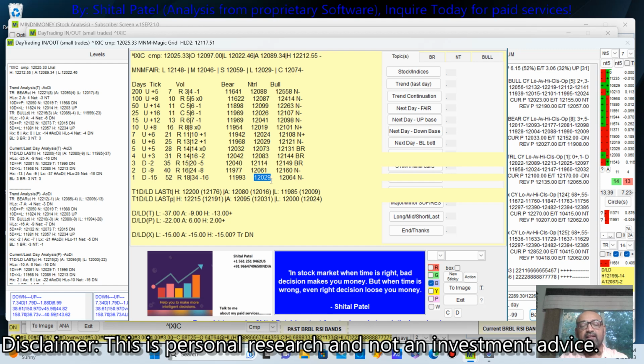That fair value is 12,029. The bear top is 11,993, average with day low, and below that more selling comes in the downtrend. And the bullish bottom is 12,064, average it with day high, and above it there is short covering.